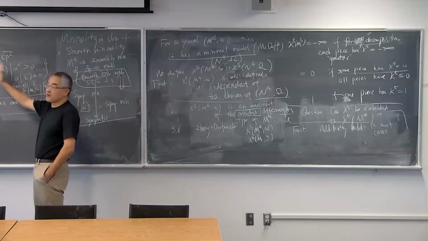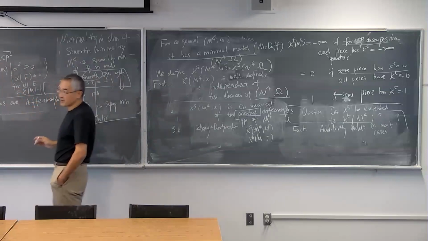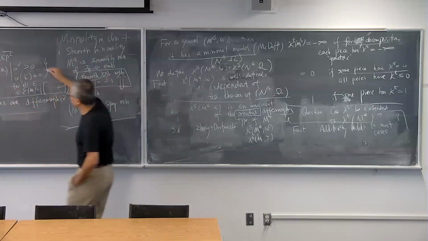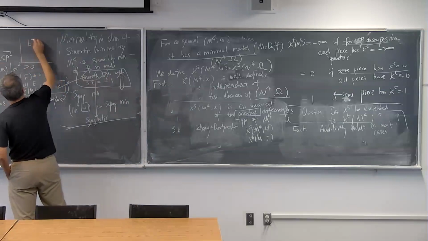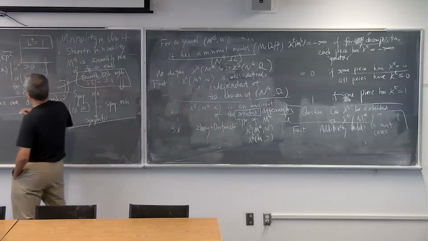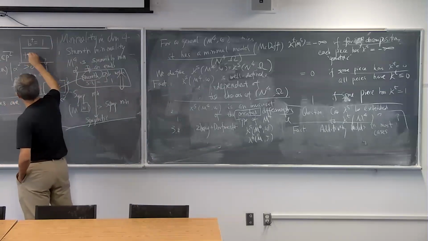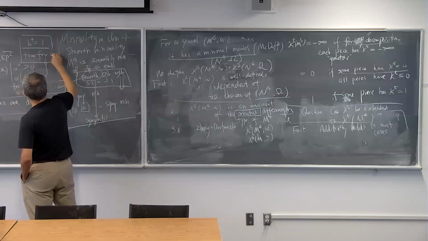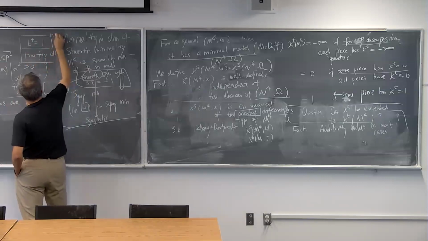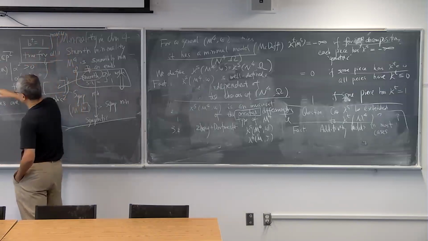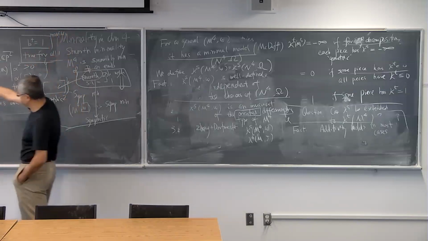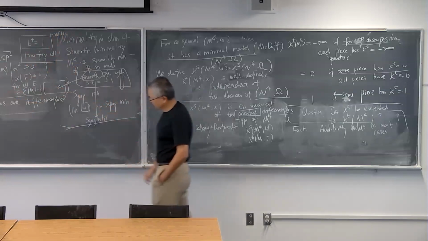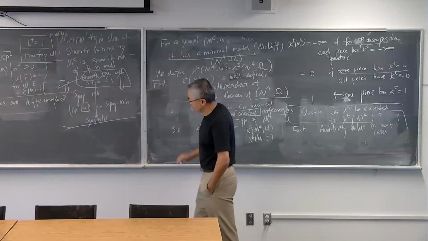So these are very simple descriptions of which classes can be realized by symplectic forms, and they all have B plus equal to 1.